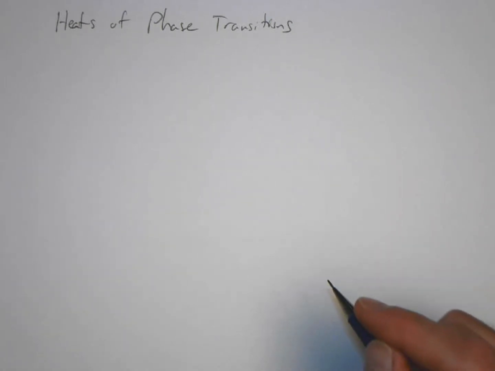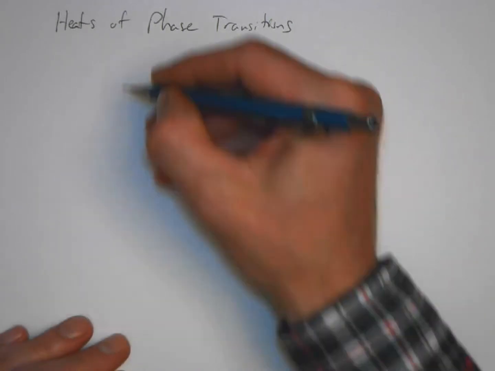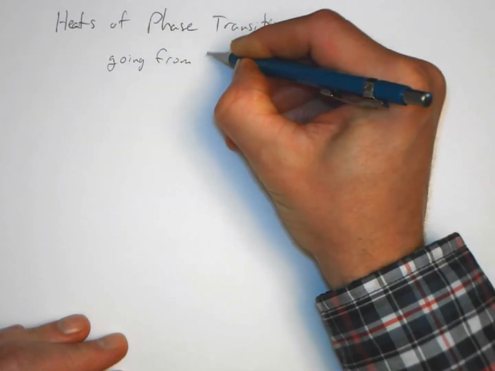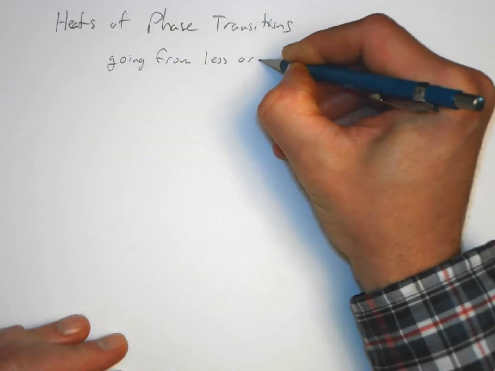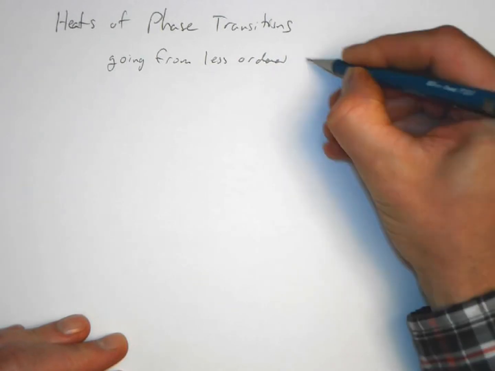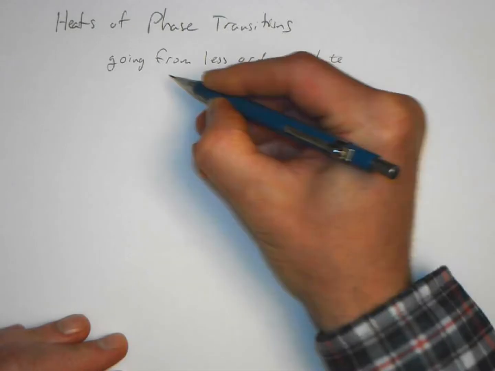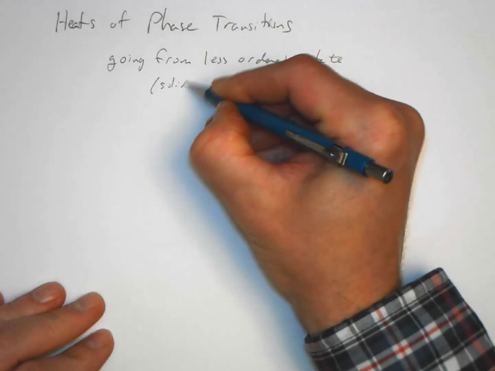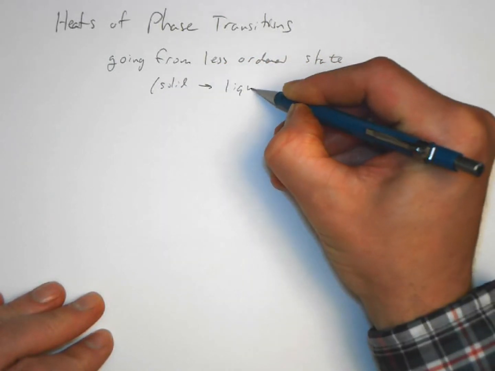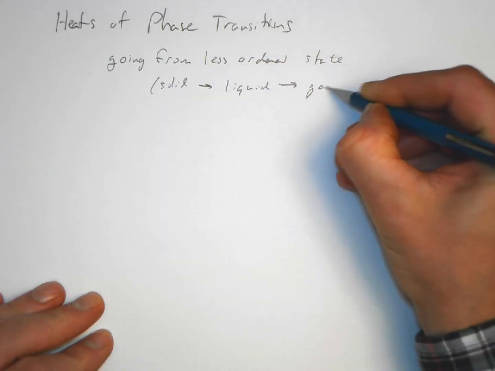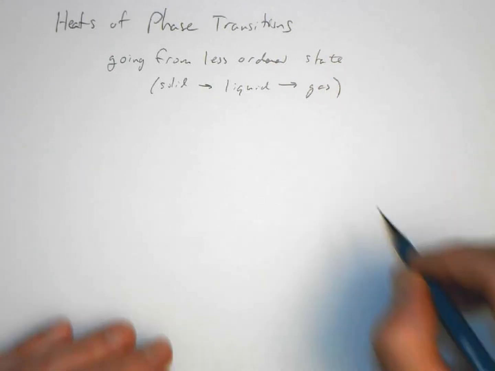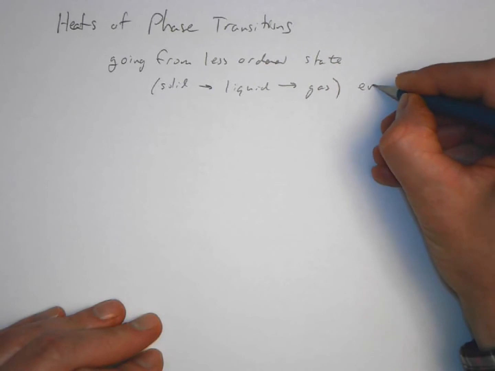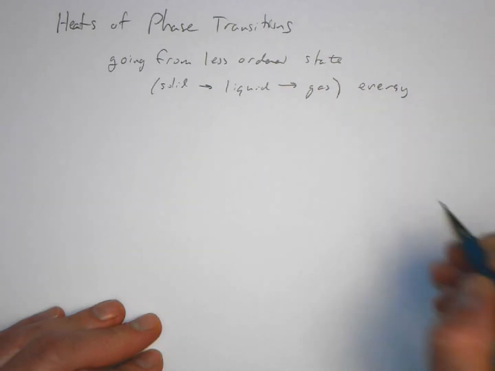As we talked about, going from a less ordered state, for example a solid, a liquid, to a gas, what we have to do is put energy into the substance. Energy must be absorbed.